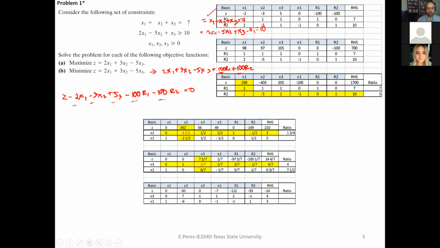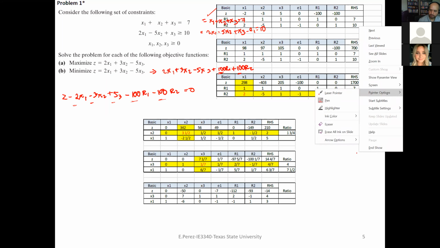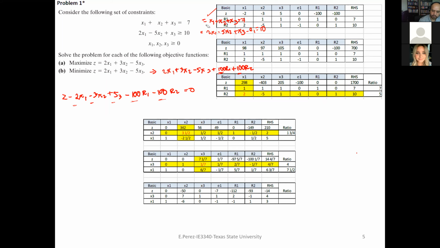Let me take this out of here so you don't get confused. So that's our initial tableau: -2, -3, 5, 0, -100, and -100. That's coming from the objective function. The coefficients for row 1 and row 2 are the coefficients for the constraints with the artificial variables.